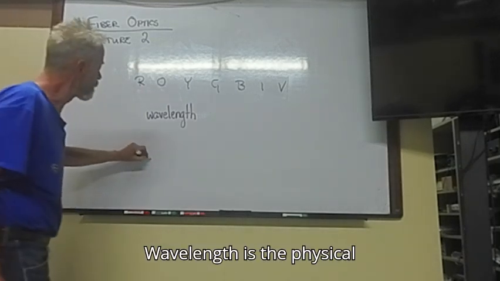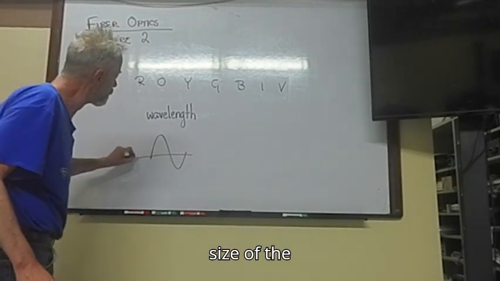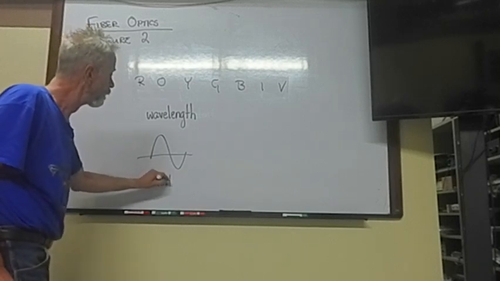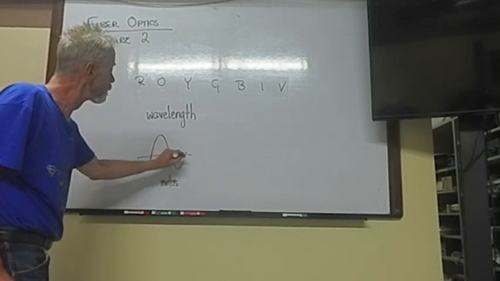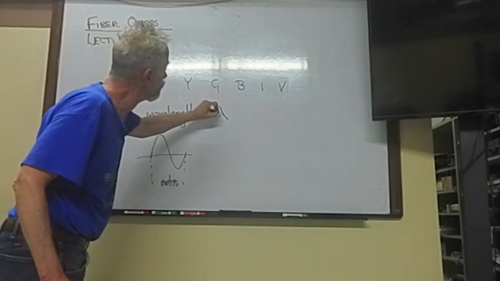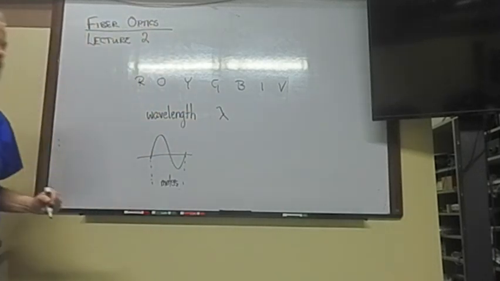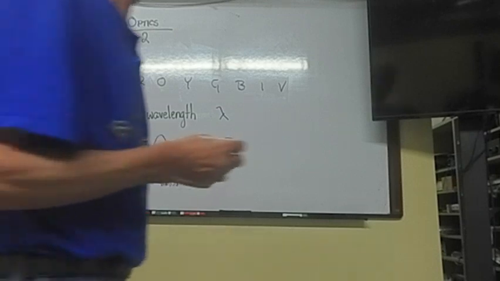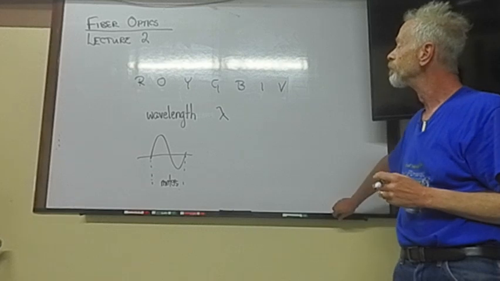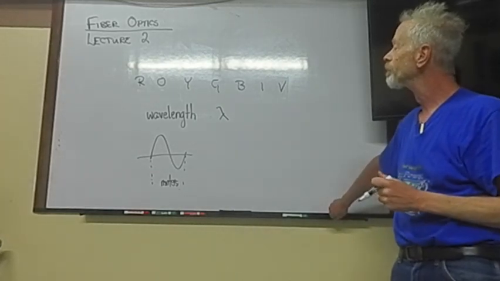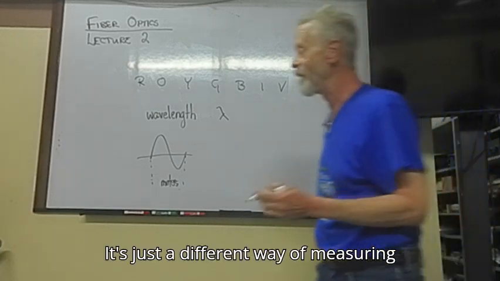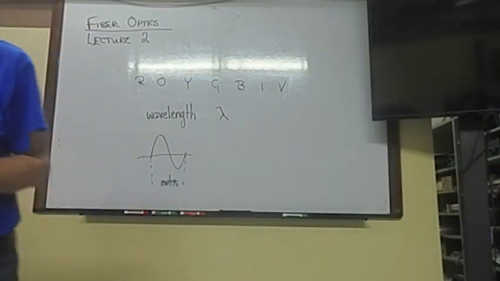Wavelength is the physical size of the wave, usually in meters. And we give that the symbol lambda for wavelength. It's just a different way of measuring a waveform.